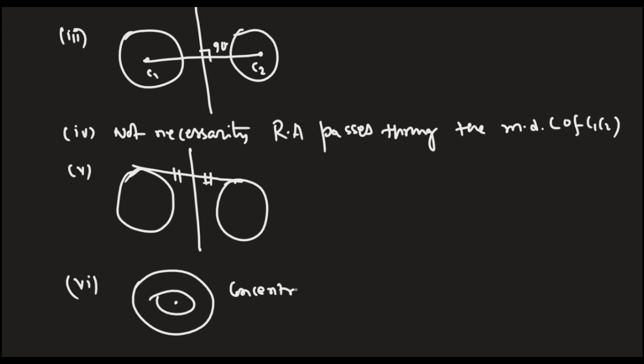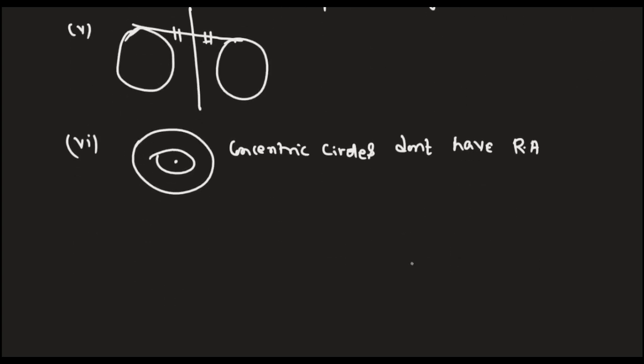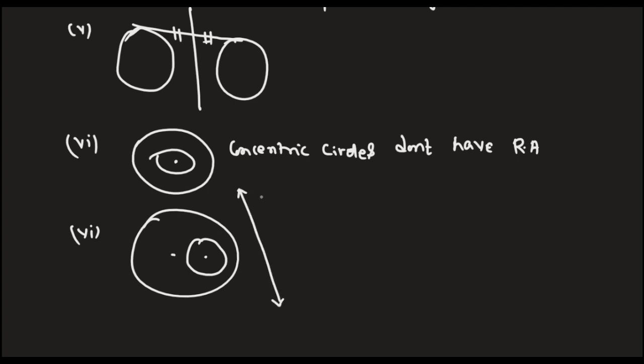Concentric circles don't have a radical axis. Now point number 7: if one circle lies inside the other circle, not touching, in such a way that their centers are different, then the radical axis lies outside of the circles.